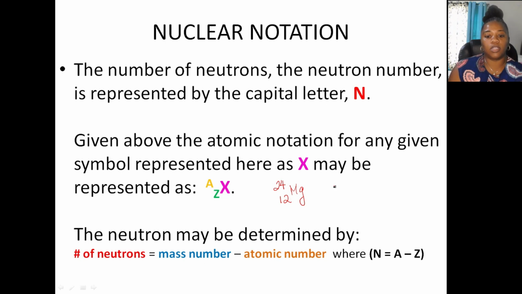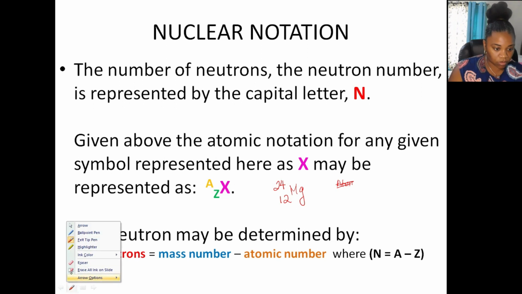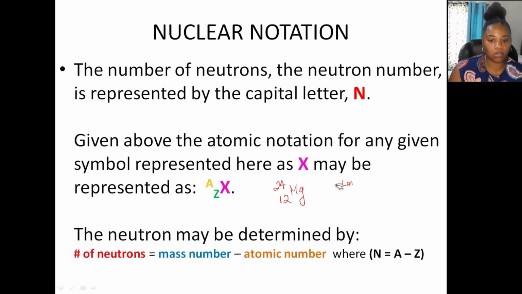So note well, to get the mass number, what would you do? Right, you add protons plus neutrons to give you the mass number.